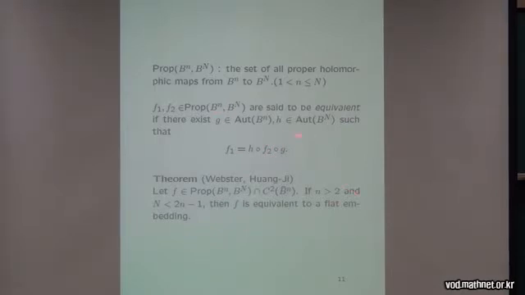So the image is in some sense the same. Then Huang and Webster first, and later Huang and Ji, showed that if F extends C2 to the boundary, and if the dimension is bigger than 2 and the big dimension is less than 2n minus 1, then F is just a flat embedding.